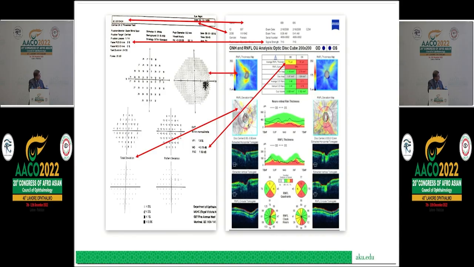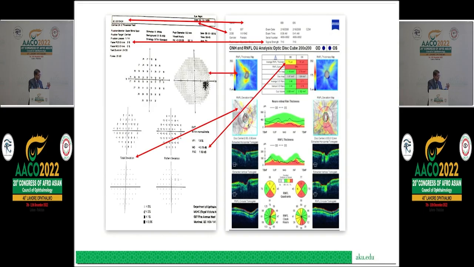When you look at the color map, the heat map, it is somewhat similar to the grayscale. It gives you an idea of what that scan is going to look like. And then when you look at the average nerve fiber layer thickness, it is almost like the mean deviation. It gives you an idea overall of what is happening. And it's a pretty good index, but one has to look at the details as well afterwards, not only the mean deviation or the average RNFL.